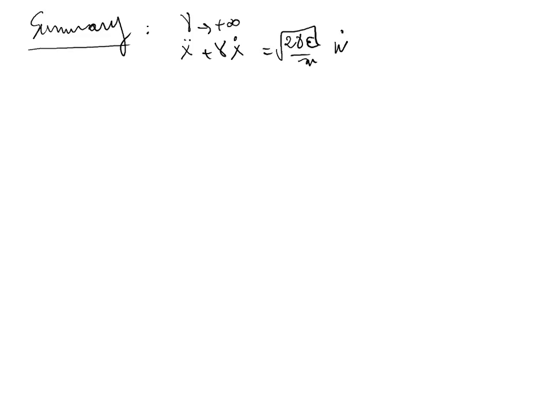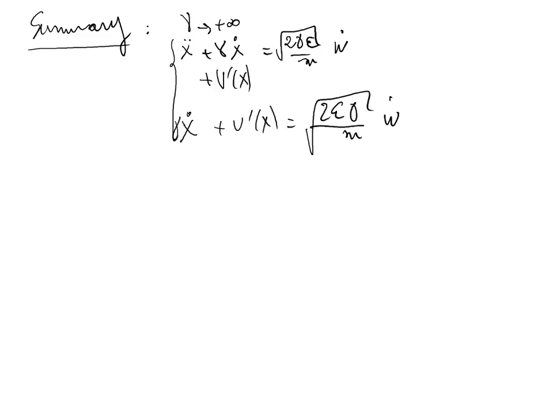For this, we will need to do asymptotics on the Fokker-Planck equation. But what I'm saying is also true when we add here a potential, V prime of x, that this stochastic equation converges to the Smoluchowski limit, which is gamma x dot plus V prime of x equals the square root of 2 gamma epsilon divided by m times w dot.